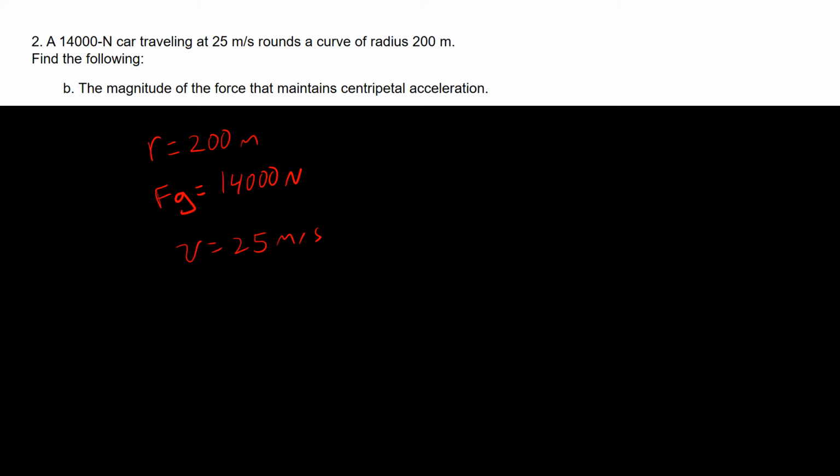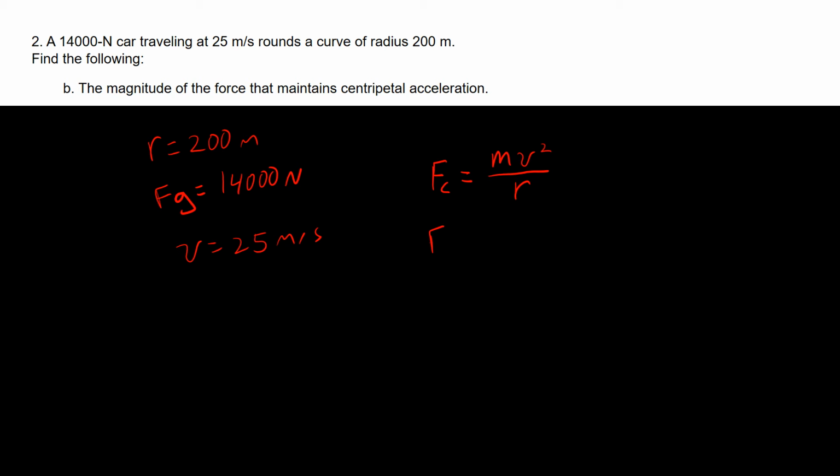The wheels of the car are turning, the car wants to go straight. Like I said before, if you've ever accidentally hit a patch of ice while you're trying to turn, you know that without friction, you'll go straight. So friction pulls you towards the center of the circle, and so friction is centripetal force. So centripetal force, in this case, and of course we know centripetal force equals mass times velocity squared divided by the radius.